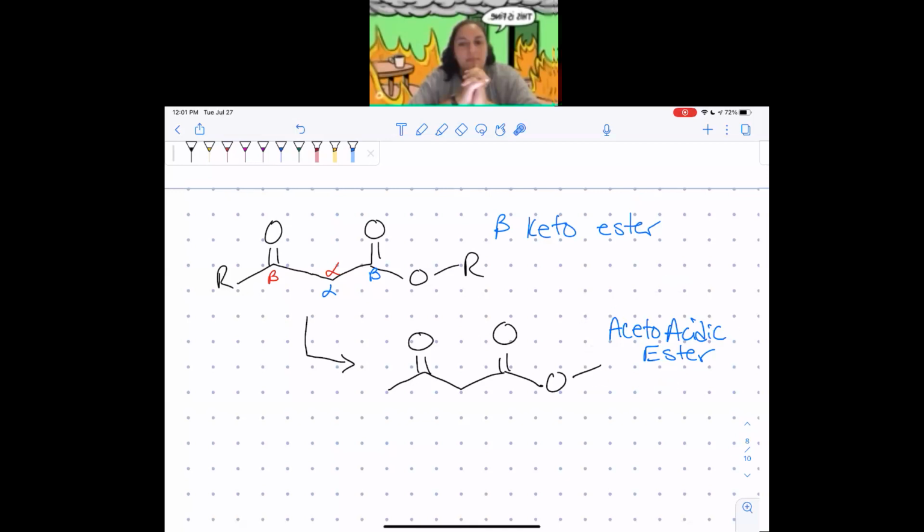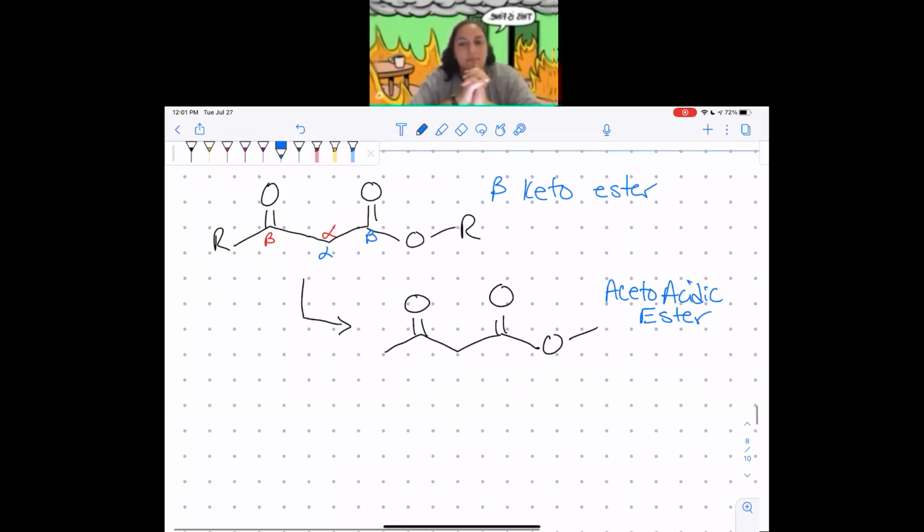The reason I go over this is because usually Dr. West likes to ask a question where he puts up a picture of something that looks almost like this, but let's say it's like this. And he says, which of the following is a correct name for this? And answer choice A is beta keto ester. Answer choice B is acetoacetic ester. Answer choice C and D are something ridiculous.